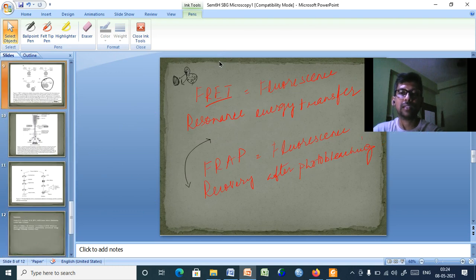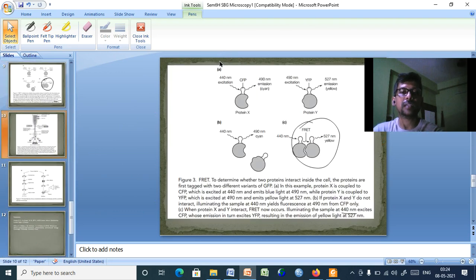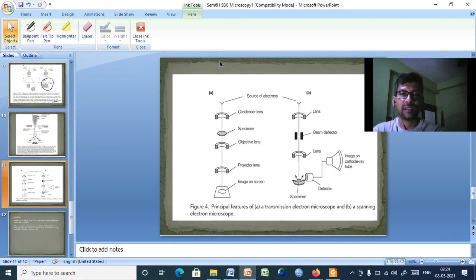Here electromagnetic lenses replace the glass lens. We have to prepare the sample for either the SEM or the TEM, or transmission electron microscope.